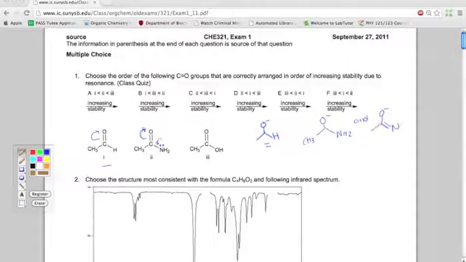Now, when drawing your resonance structures on exams, do not forget to calculate formal charge, because you will get points off for that.